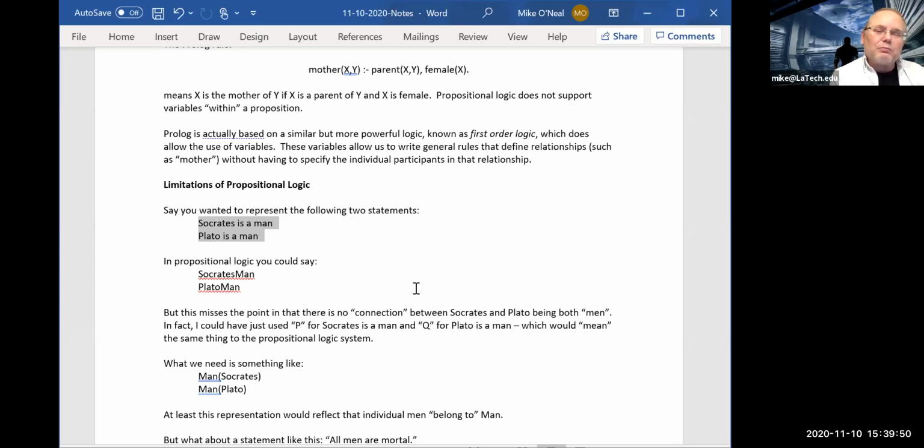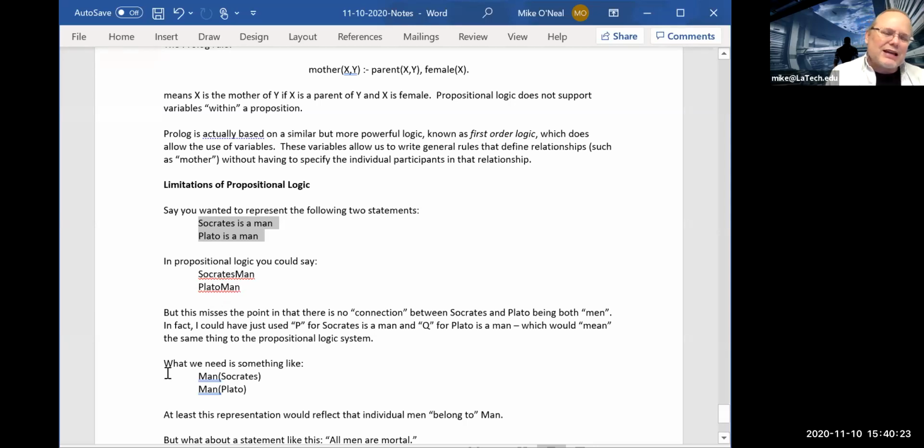Socrates and Plato were both males, but what I'm really trying to get at here usually is human being. So a lot of times you'll hear me say man, and I mean person, but the idea is that Socrates and Plato are both people, and that's completely missed here. I could just as easily have called this thing P and this thing Q. There's no relationship between Socrates man and Plato man.